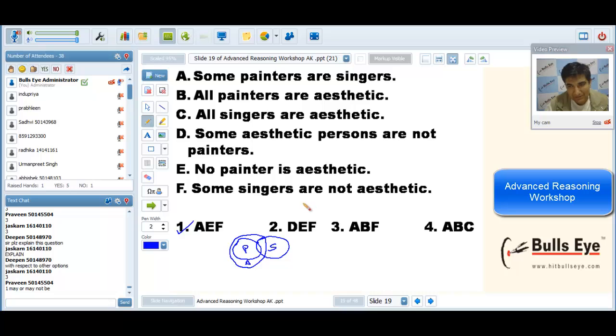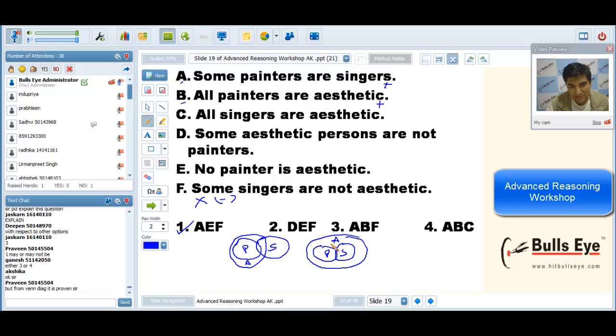Now people, this is again one of the important rules in syllogism. If you have two statements which are positive, you cannot have a negative conclusion. This is outrightly rejected. I could have a different scenario here saying this is P, this is S. I could make A as this.